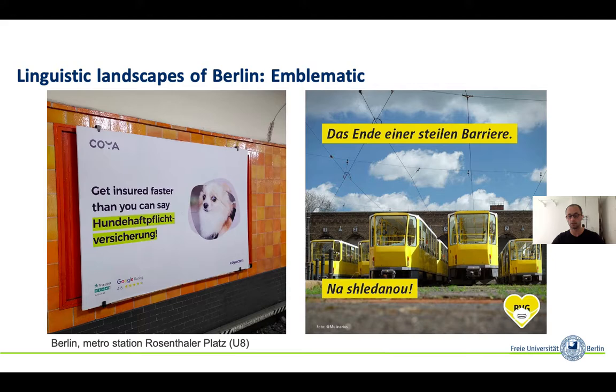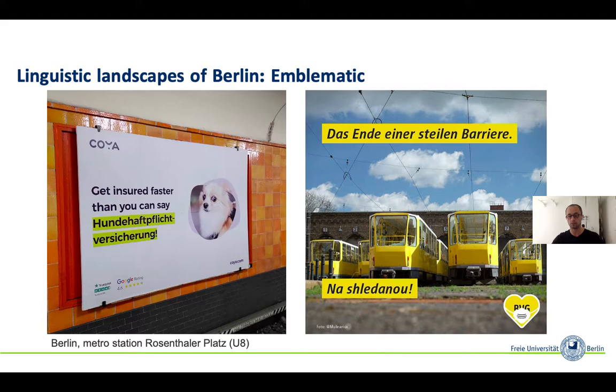But there are also emblematic uses of languages, as in, for example, these two cases. The first one is an ad for an insurance, and it tells you in English, get insured faster than you can say Hundehaftpflichtversicherung, right? And you can also guess why they've chosen that.